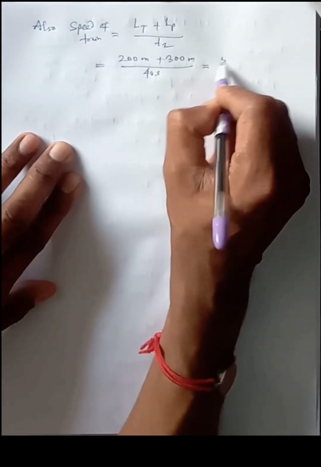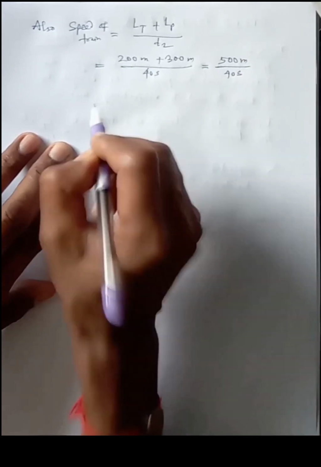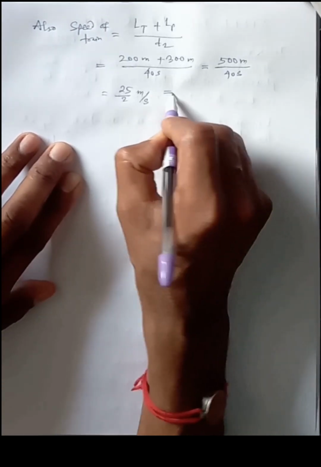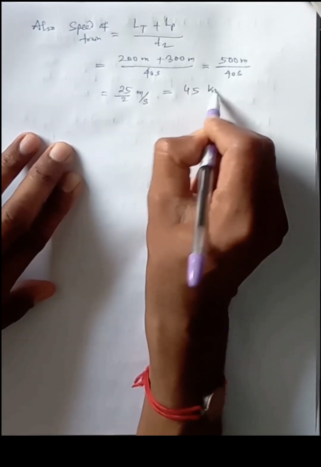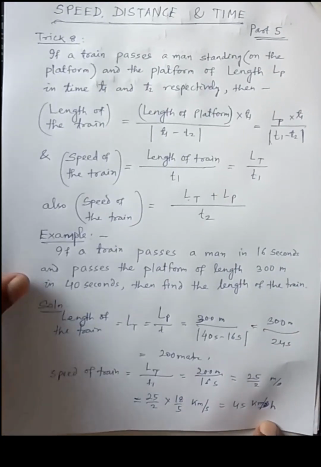This is equal to 500 meter divided by 40 second. This is equal to 25 by 2 meter per second. This is also equal to 45 kilometer per hour.